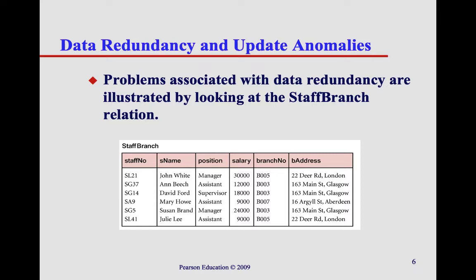It means that when I delete information, I may inadvertently lose other information that I didn't intend to lose. Okay? And it is the case, in fact, that every insert anomaly that can happen has a corresponding or symmetric delete anomaly.